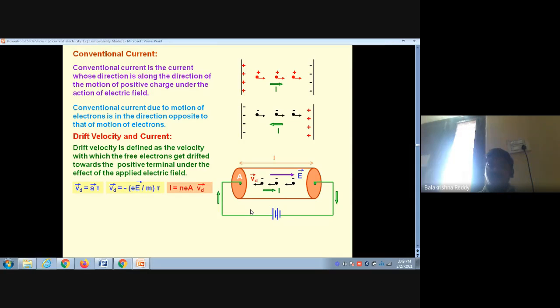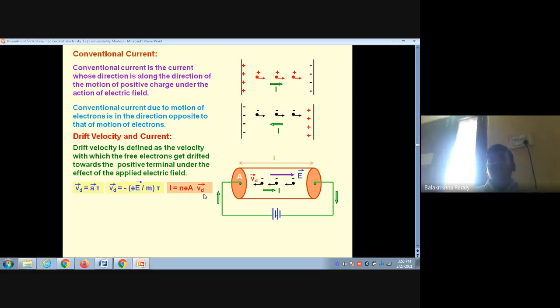Now you can see here, if you are writing this velocity term in terms of current, usually current definition, what we will write? I equal to Q by t, right? Q is written as e, and n number of electrons are moving, so Q equal to n e I can write. But here one more important thing is available: area of cross section and velocity. How has the area of cross section come, how has the velocity come?